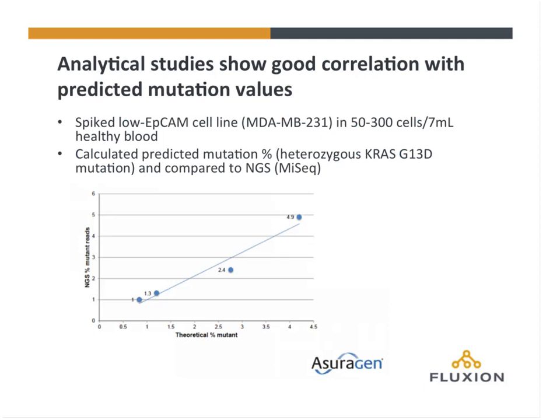And so from the recovery that we enumerated in a separate parallel sample, we can calculate the predicted mutational percentage based on the recovery and the expression of the mutation in that cell line. And what we showed was that the measured values on Asuragen's targeted sequencing assay correlate very well and are linear with predicted values. And this particular test was run on the Illumina MiSeq sequencer.